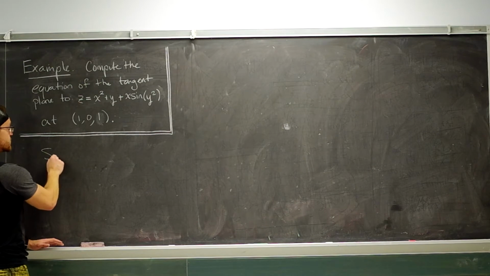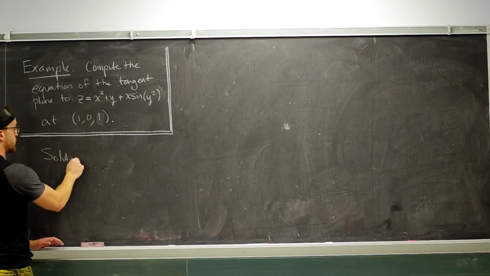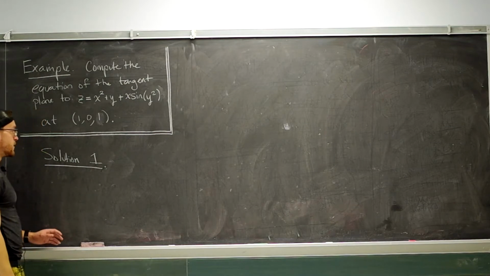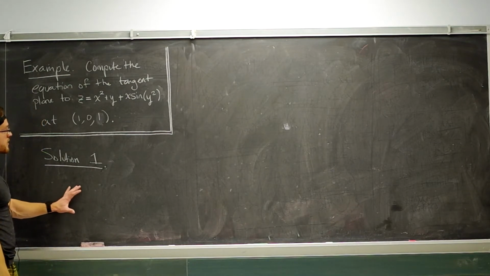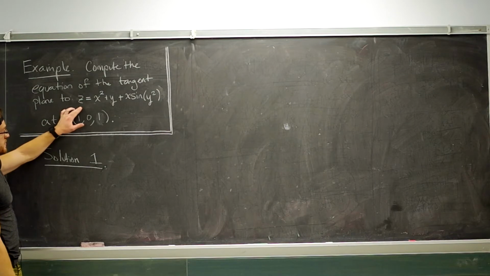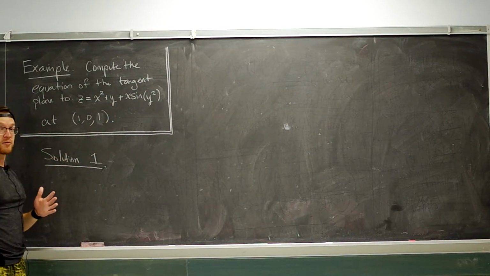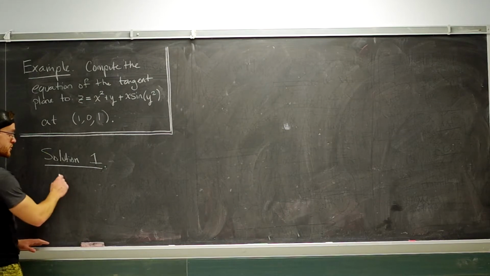So, first solution. The method here is to realize that this surface is the graph of a two-variable function.